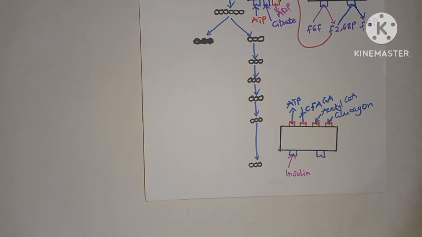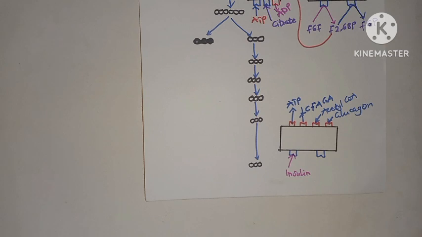This fructose 1,6-bisphosphate stimulates this enzyme, and this kind of stimulation is known as a feed-forward reaction. This means that fructose 1,6-bisphosphate is up there, and pyruvate kinase is down there.